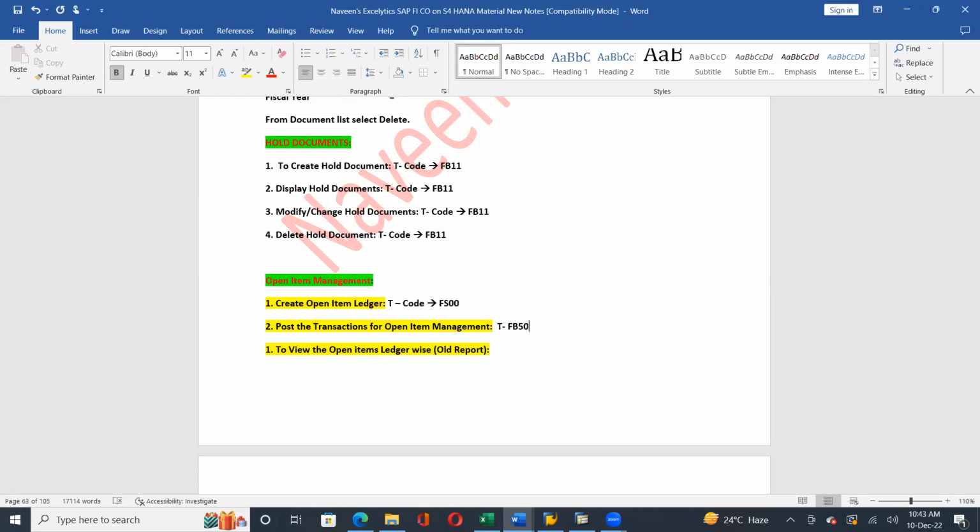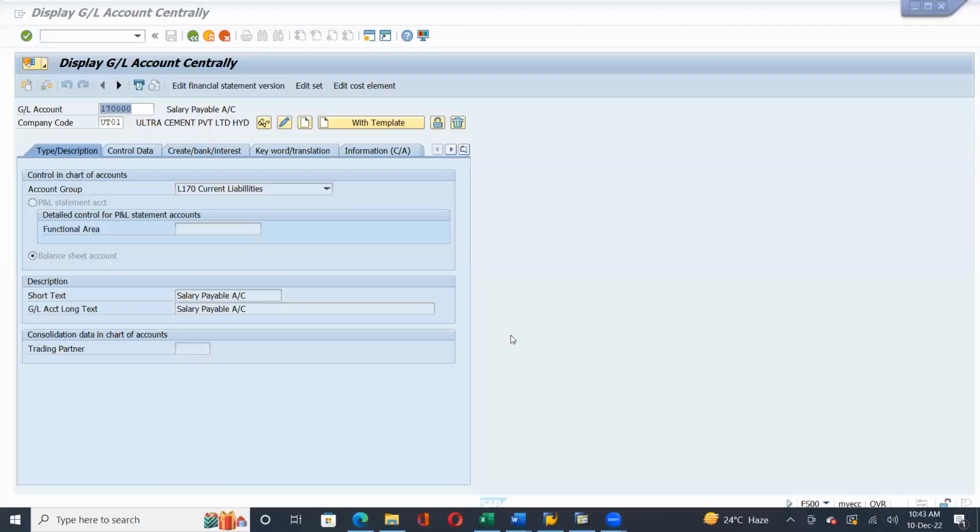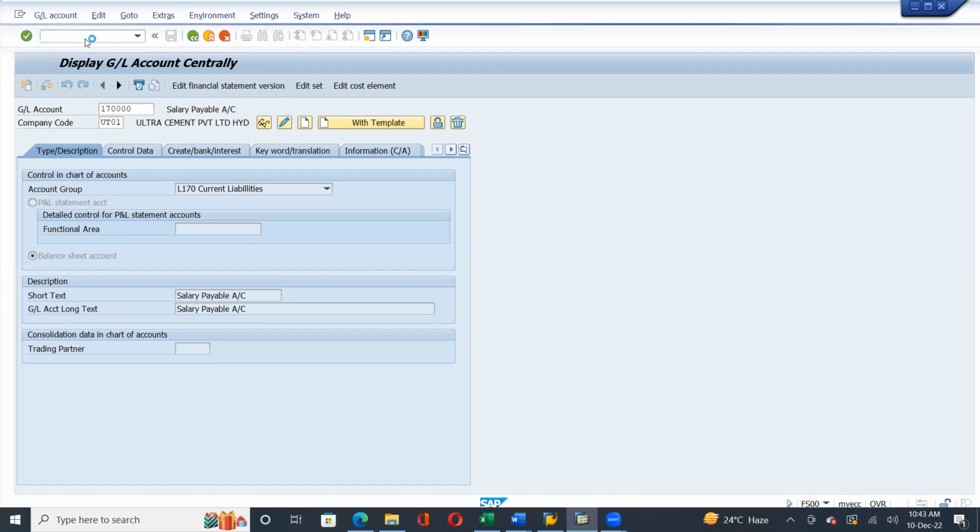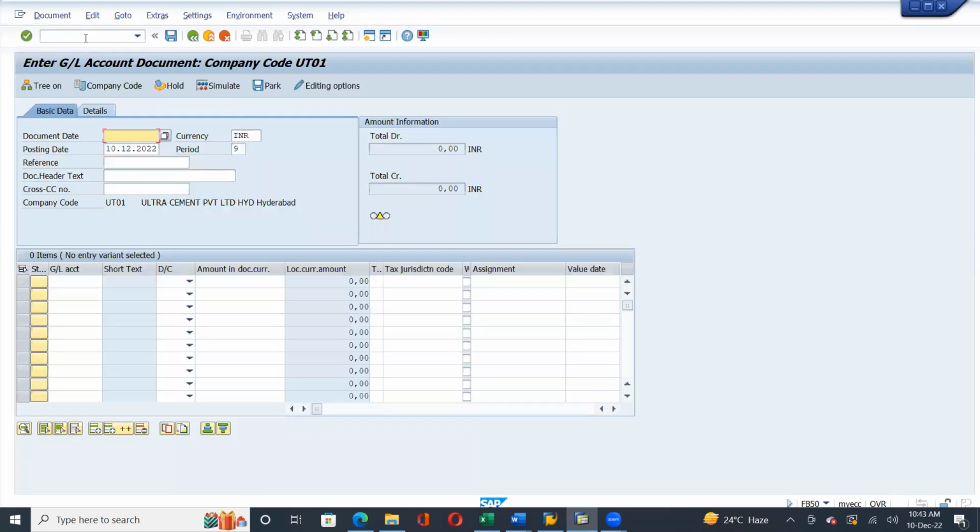The FB50 posting path I have already given, so I don't want to repeat it. Just write the transaction code FB50. I'm going straight to /nFB50. This is single screen posting.